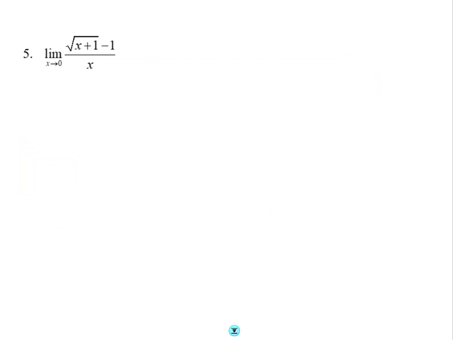I'm going to multiply by the conjugate of the numerator. So I'm going to multiply by square root of x plus 1 plus 1 instead of minus 1. This is the conjugate.